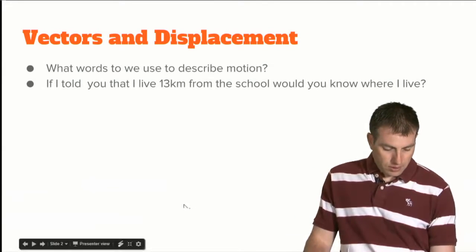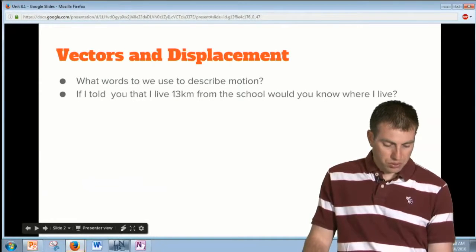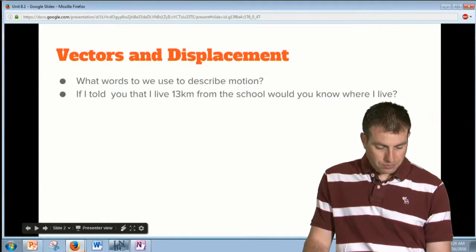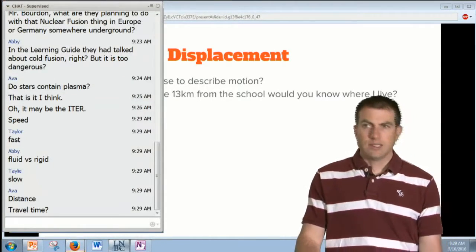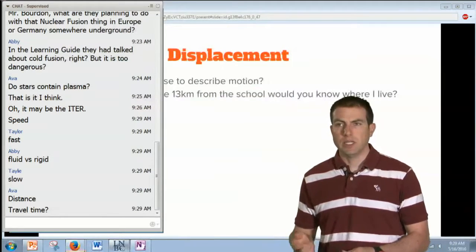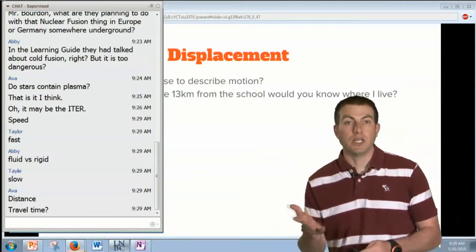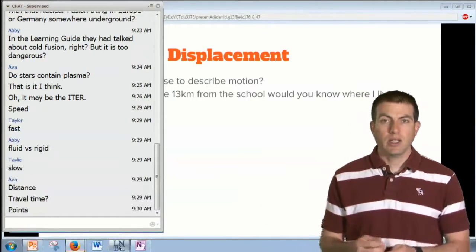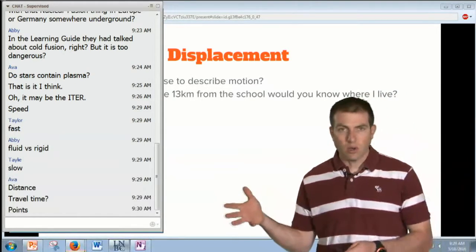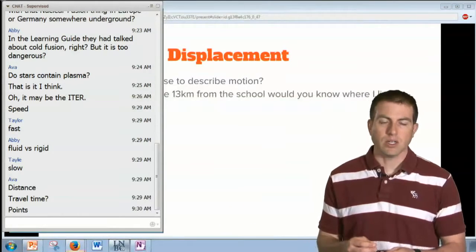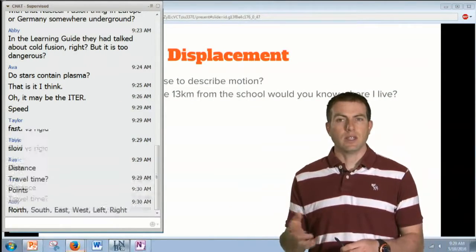What else? If you were to give someone directions, what sorts of words would you use? Distance, direction, speed. If I told you how to drive to the mall, I wouldn't use speed. I wouldn't say drive really fast on the highway and then drive really slow on the side roads or really slow in the parking lot. So how would I tell you how to get there?